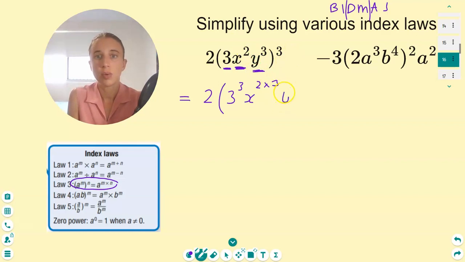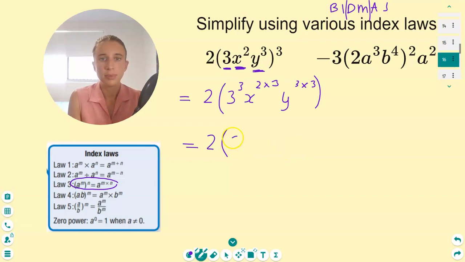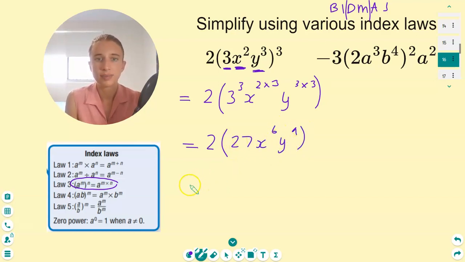So 2 to the 3, y to the 3 times 3. Let's simplify it: 3 to the 3 is 27, x to the 6, y to the 9.